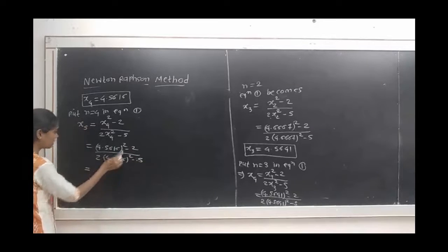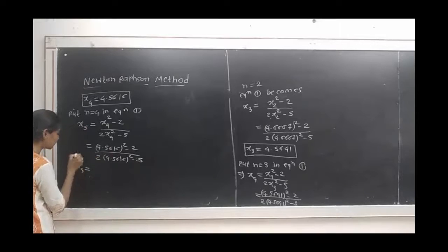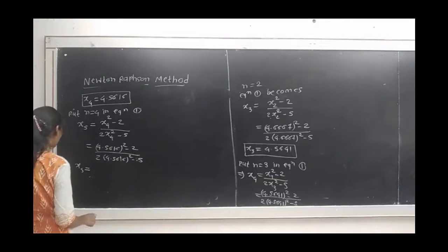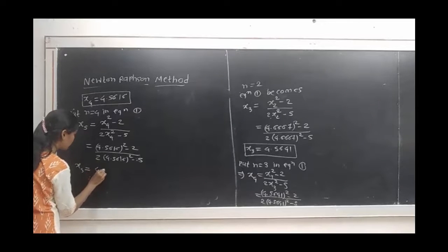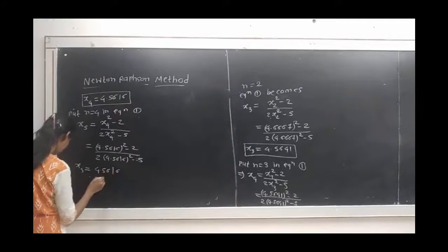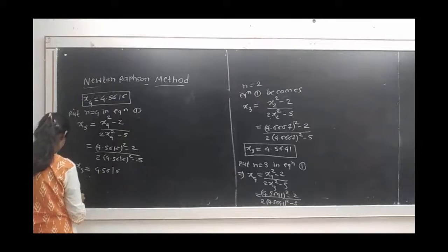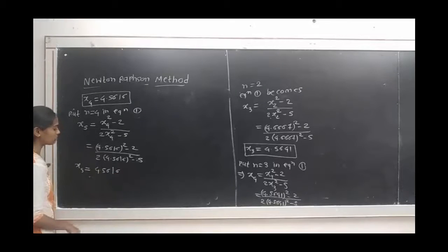By these calculations we get the value of x5 equal to 4.5616.